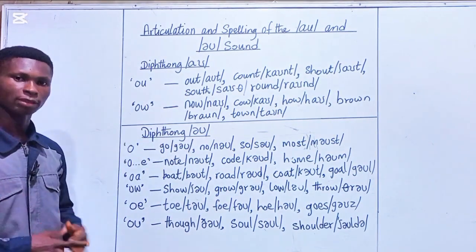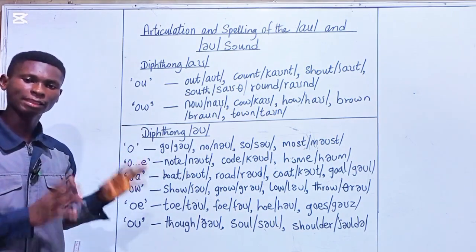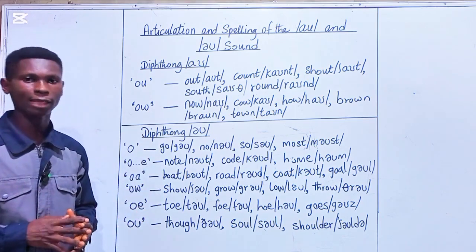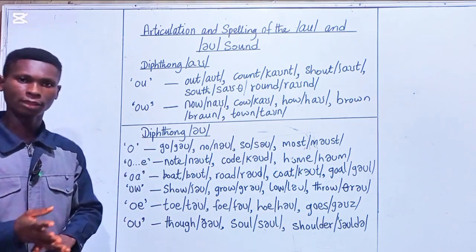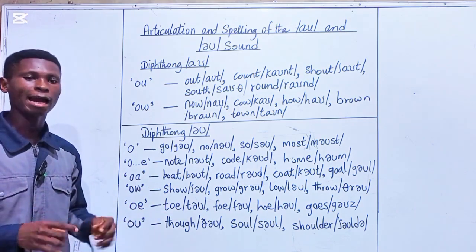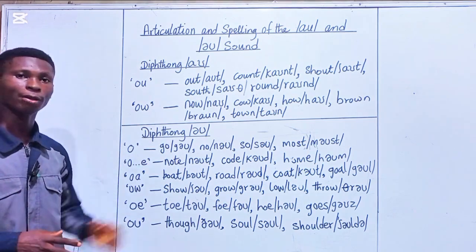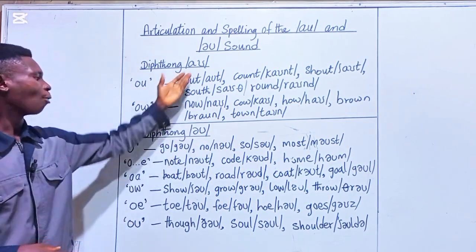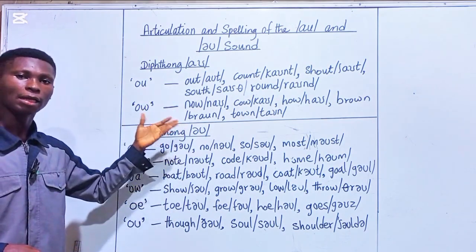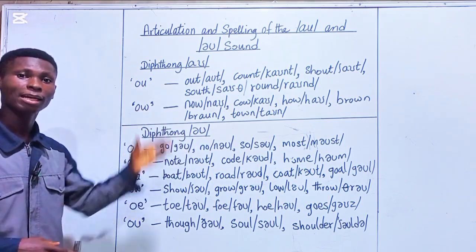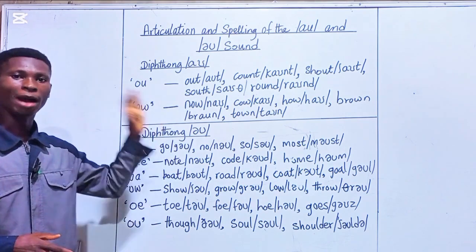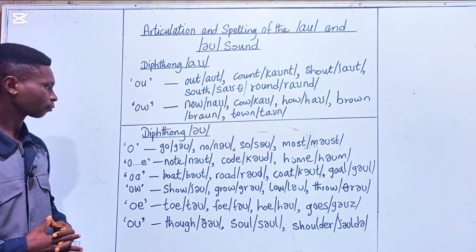These two diphthongs are closing diphthongs. So we have five closing diphthongs in the English language. Previously we talked about the first three, which are /eɪ/, /aɪ/, and /ɔɪ/. So these are the other two, /aʊ/ and /əʊ/. And these ones are categorized into what is known as high back diphthongs.